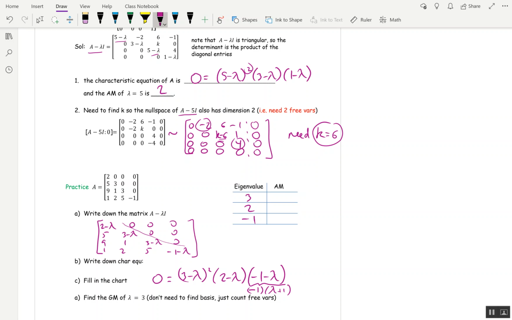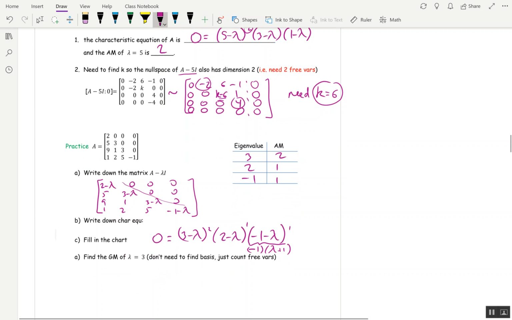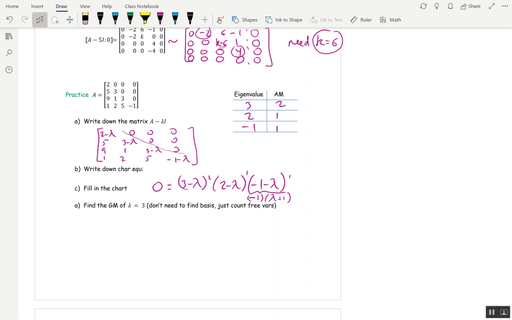And the algebraic multiplicities are the exponents. So 3 has algebraic multiplicity 2, and the other two guys have algebraic multiplicity 1. Okay, so find the geometric multiplicity of lambda equals 3. So I need to look at A minus 3I augmented with 0.